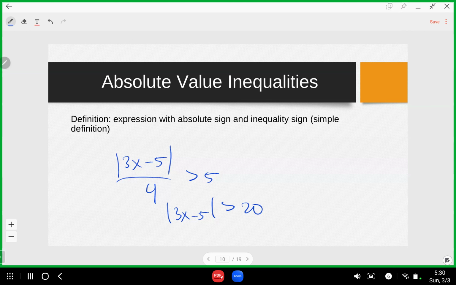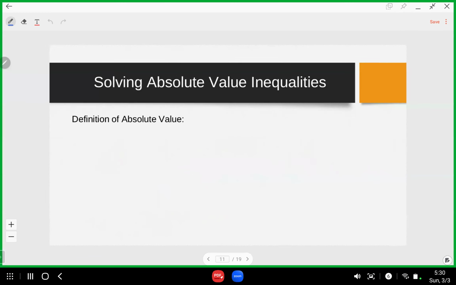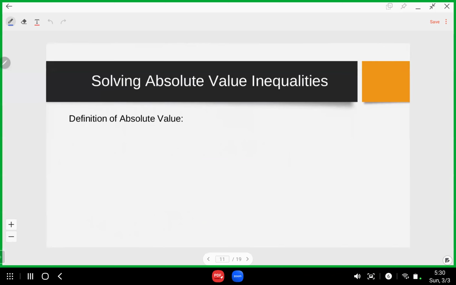There are many outcomes. That's why we can turn an absolute value inequality into a compound inequality. Let's see how that happens. The definition of absolute value is basically the distance from 0 on the number line. So always positive. I'm sure you already know that.